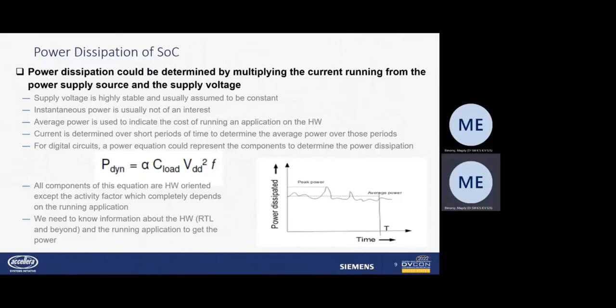However, there is alpha in this equation, which plays a very important role, because if alpha equals 0, you have no activity and no dynamic power dissipated. If alpha equals 1, you have the maximum power dissipated. Alpha is between 0 and 1, but this variation in alpha makes a big difference.